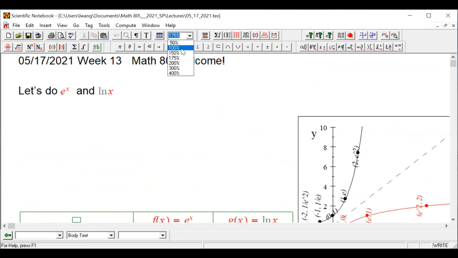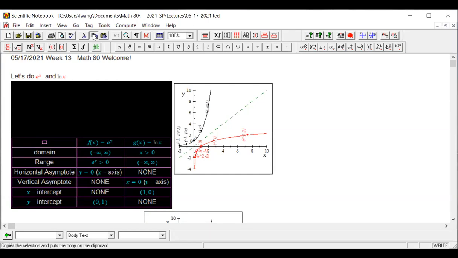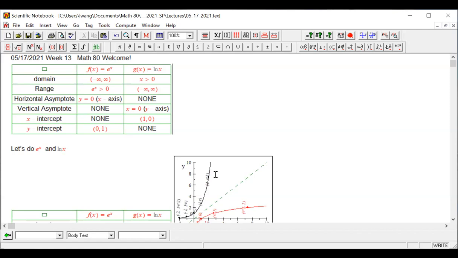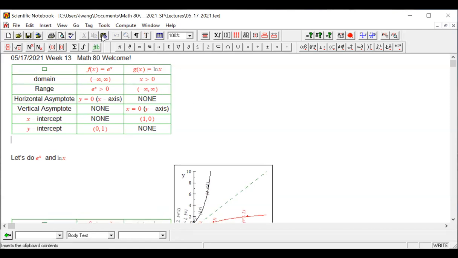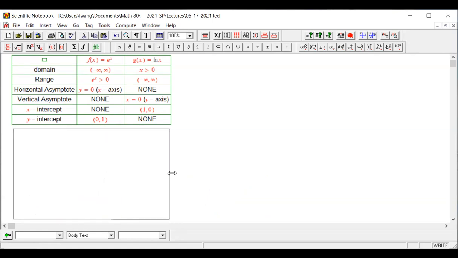So I'm going to make the fonts just a little bit smaller. So that guy, and the picture is right here. That's the picture for the two, right? That's a picture for the two.